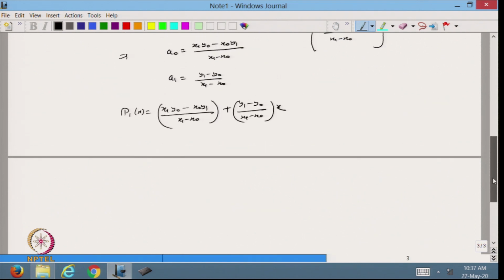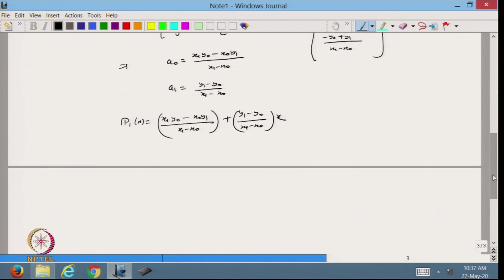Now I want to verify whether it satisfies the interpolating polynomial property, that at the nodal points its value should be the same. So if I put x0 in p1, this expression can also be written in this form, 1 over x1 minus x0.